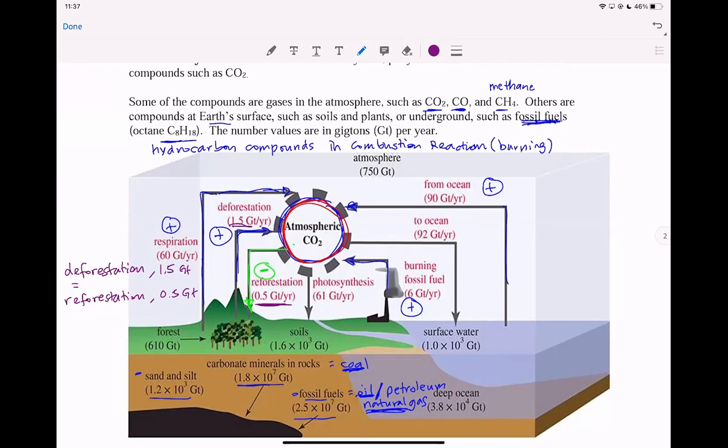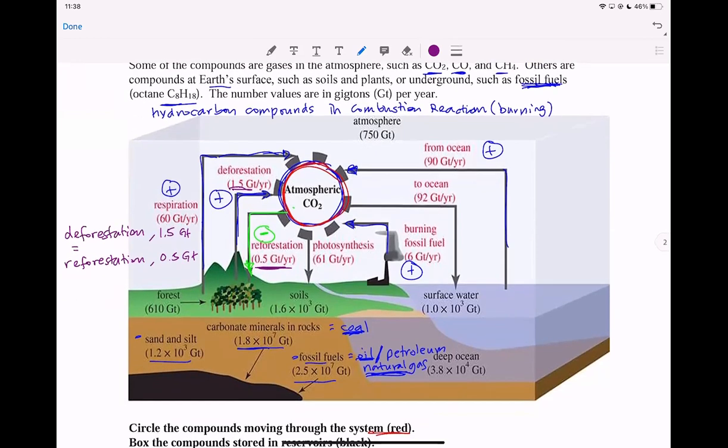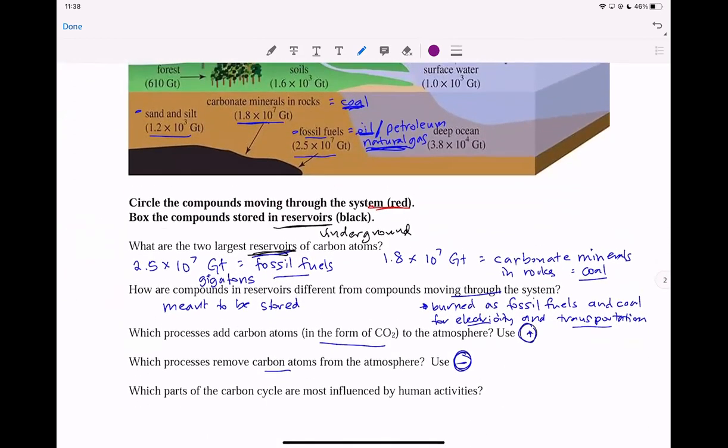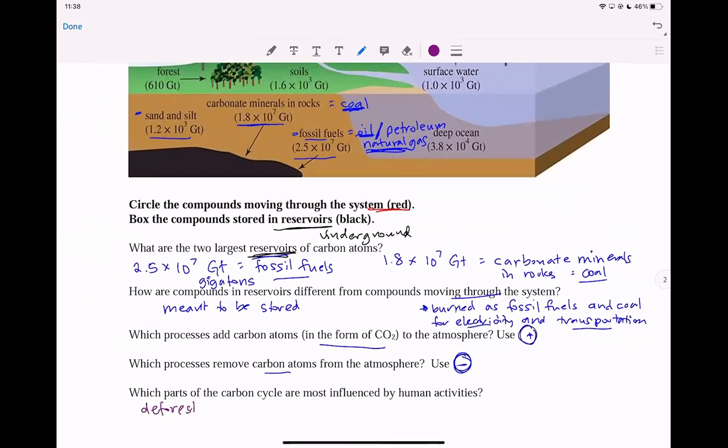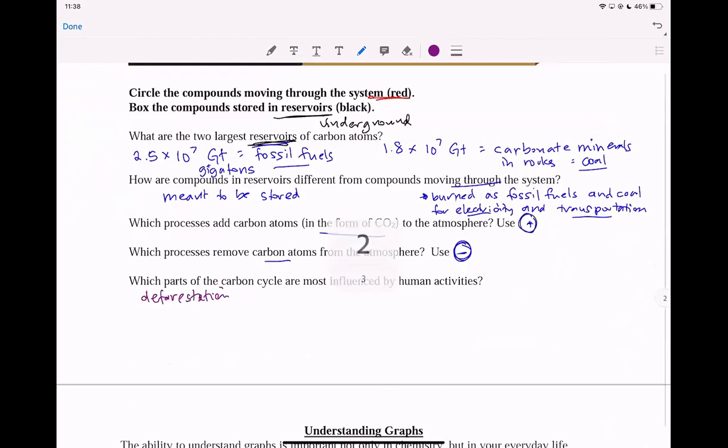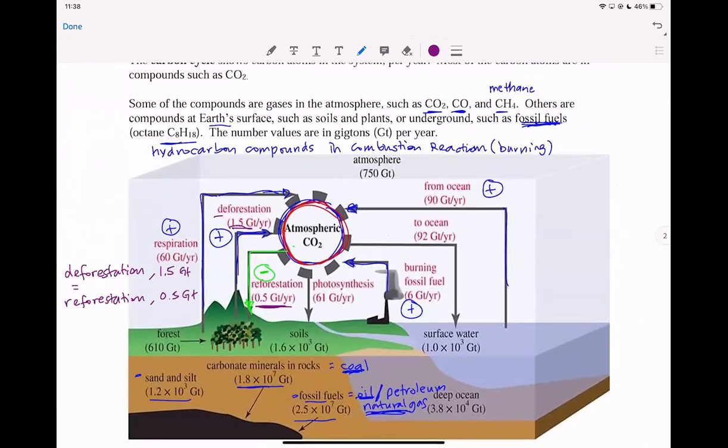They die, there are natural fires, and they regrow. But humans are involved in this process of deforestation that is not matched. So deforestation is one of them. Humans cut down more trees than can be replanted or regrown naturally. That's not as big as the other process, which is burning fossil fuels.